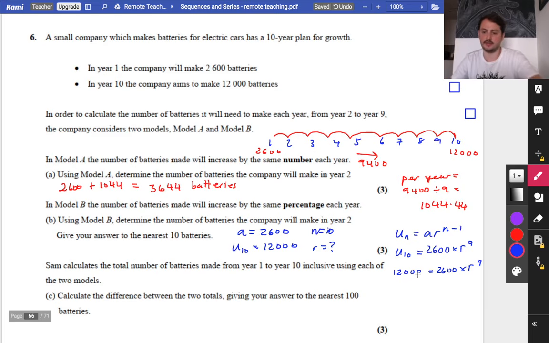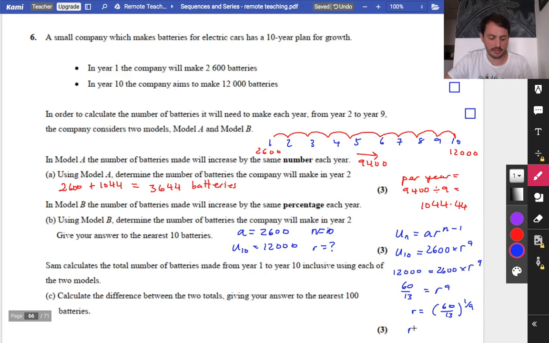So I'm going to divide by the 2,600, and then I'm going to take the 9th root, or raise it to the power of a 9th. So that's 12,000 divided by 2,600. That is 60 over 13. That's equal to R to the 9. So R is equal to 60 over 13 to the power of a 9th.